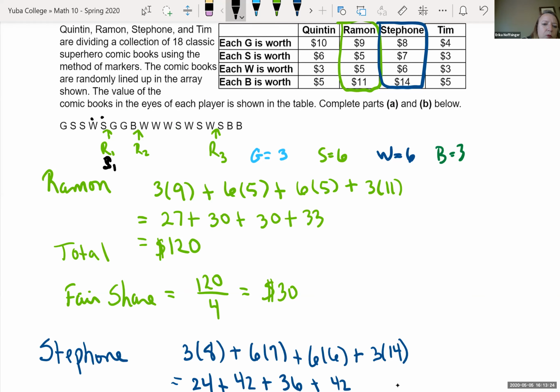So S of 1 goes there. So adding, so G is worth 8. So 8 plus 8, that's $16. Plus B is worth $14. So right now we're up to $30, and a W is worth $6. So we're going to place S sub 2 between those two W's.